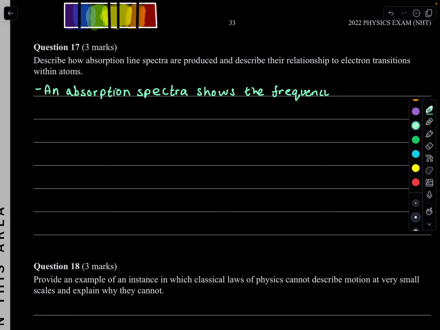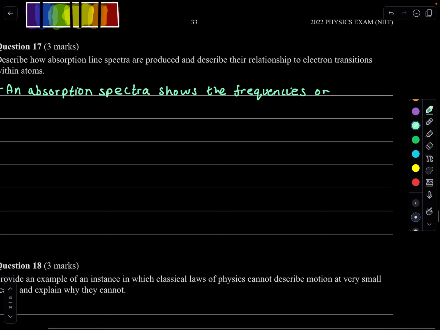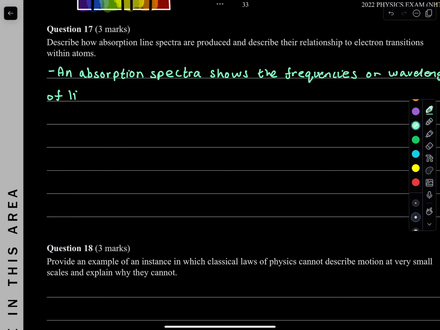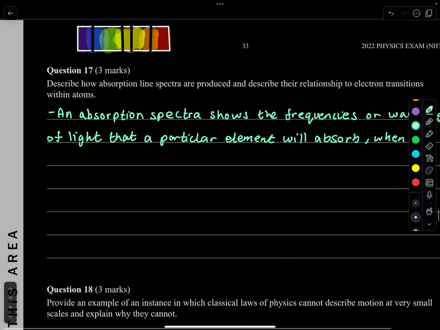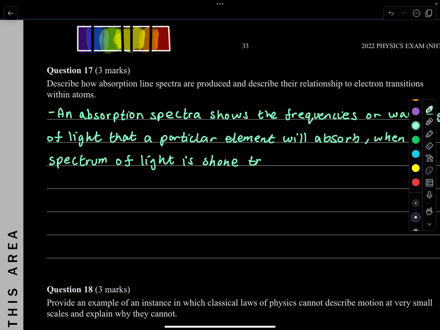Frequencies or wavelengths of light that a particular element or atom will absorb, when the full spectrum of light is basically shown through it. Yep, so shown through it.